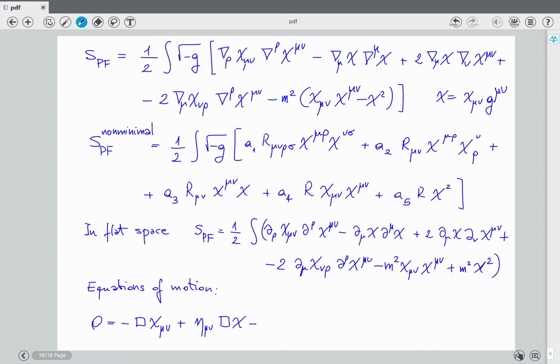Then here you cancel the factor 2 because there are two equal terms. Here you cancel the factor 2 because there is a 2 in front. So you get minus eta mu from the trace del rho del sigma chi rho sigma. And then when you take the variation of that, you will have minus del mu chi.